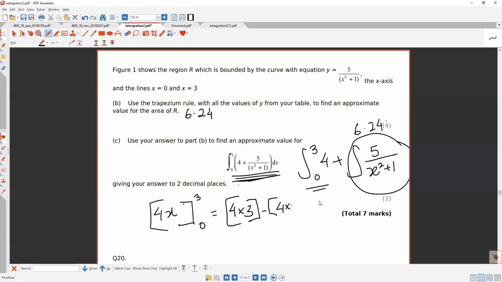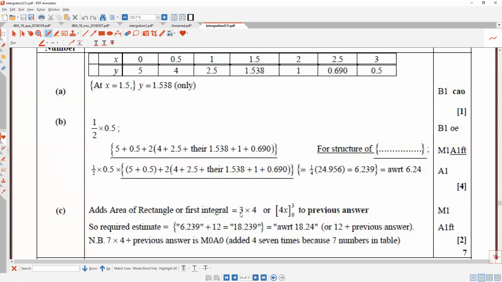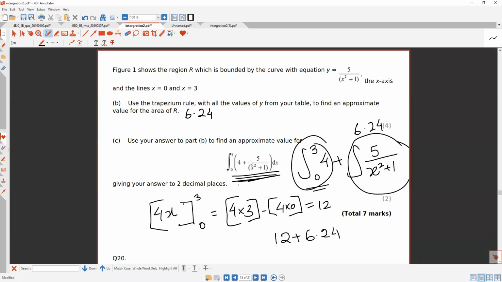That's going to be 12. So I got 12 from here and 6.24 from there. So 12 plus 6.24 is your answer. That is around 18.24 if I'm not wrong. Check the mark scheme. It is 18.24. Guys, is it clear or not? Yeah. Okay then. Fine.